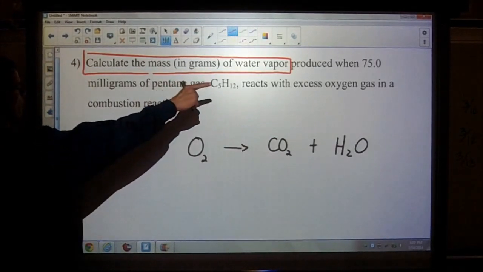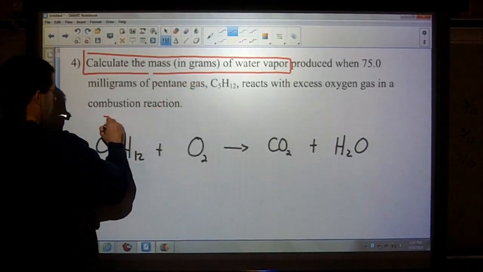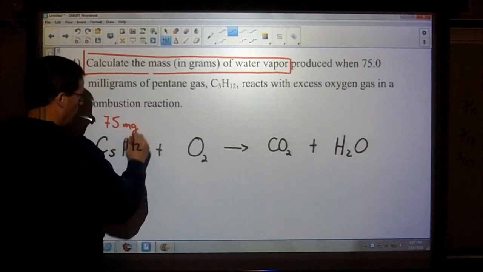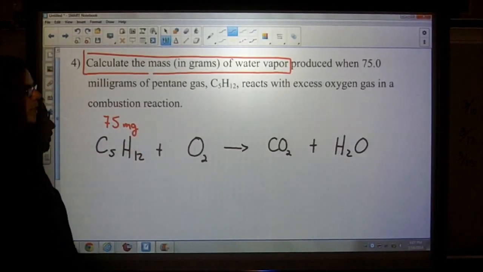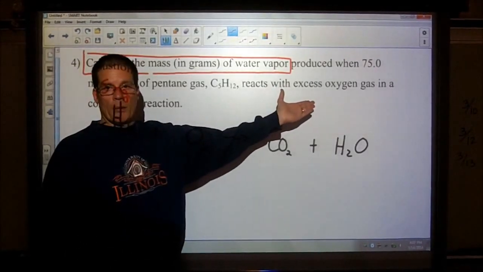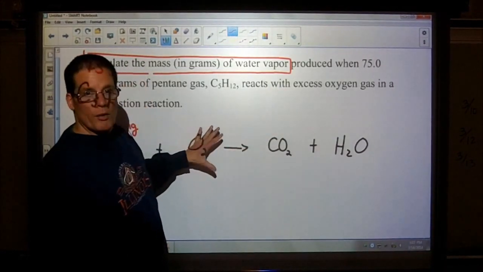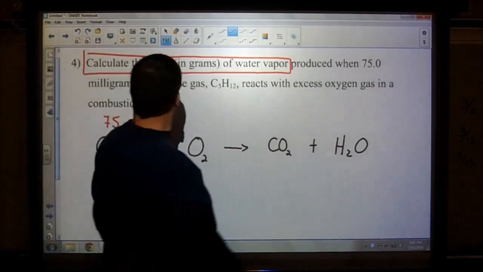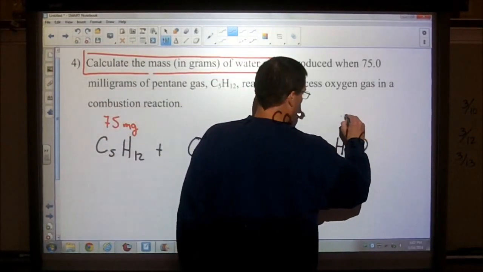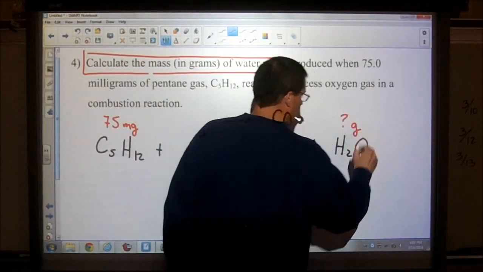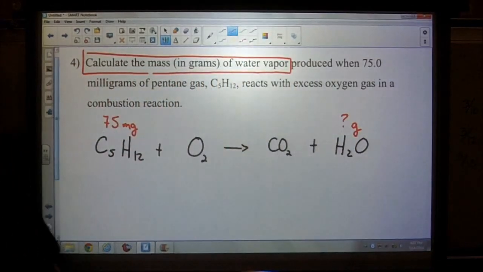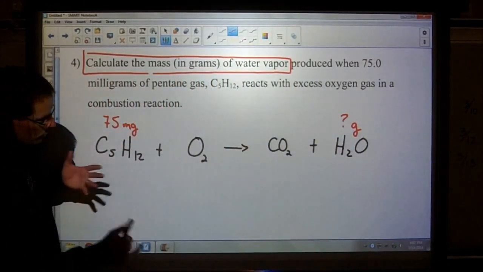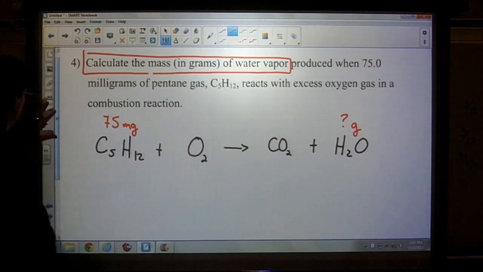So 75 milligrams of pentane reacts with excess oxygen. Even though we're not doing limiting reactants, that means that we have more oxygen than we need in a combustion reaction. So let's calculate the mass in grams of water. So the only thing that we need with the carbon dioxide is to have it to balance out the equation.